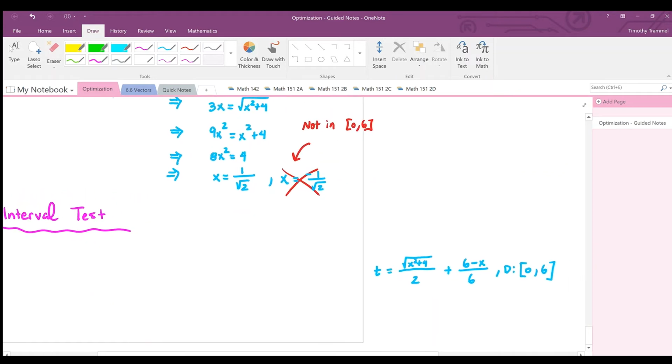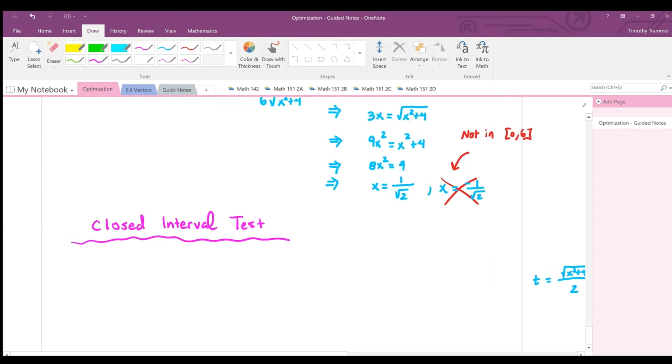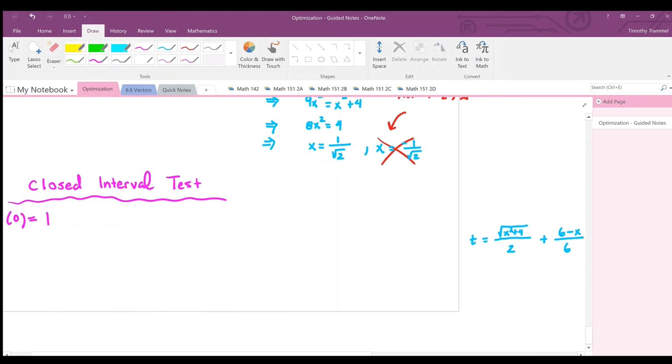But one of the things we need to plug into it is that leftmost endpoint, x equals 0. Let's go ahead and do that. t of 0 is equal to, and it looks like we're going to have the square root of 4 over 2. So that's really just 2 over 2, which is 1 for the first part of this.